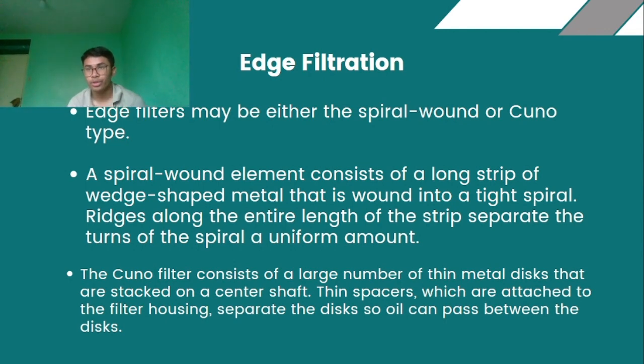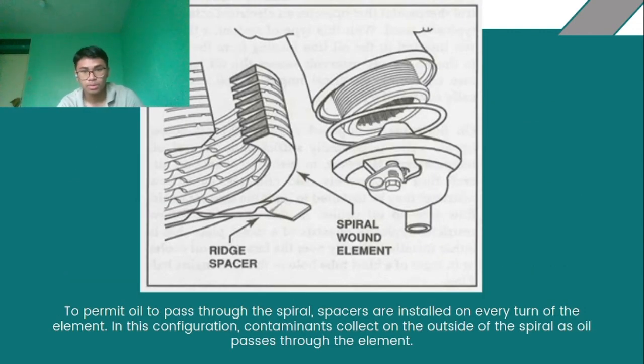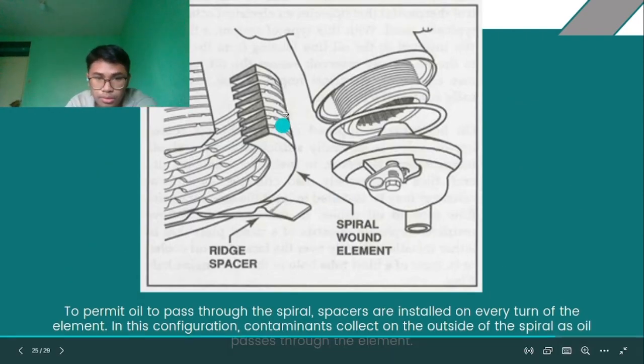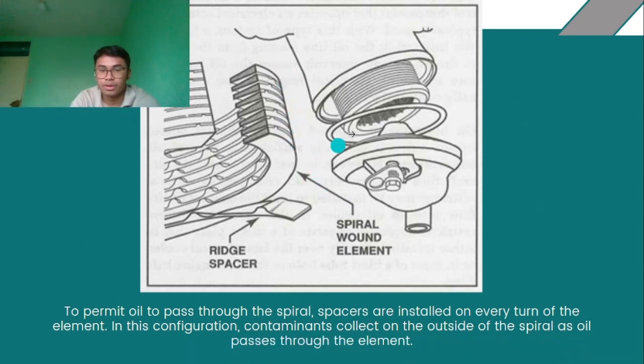So, doon, nakakadaloy and naiipit. Since patong-patong nga sila, naiipit yung ating mga particles doon. So, kaya tinawag na edge is sa edge nakukuha yung mga particles natin. So, ito yung example ng Kuno type. May spacer siya. Yan.